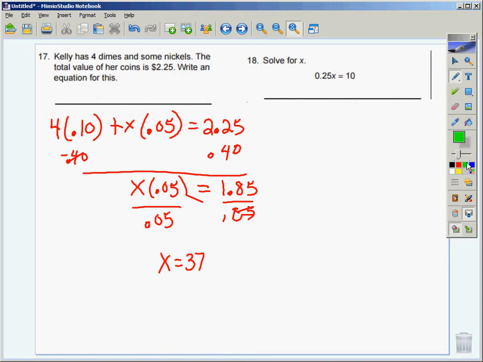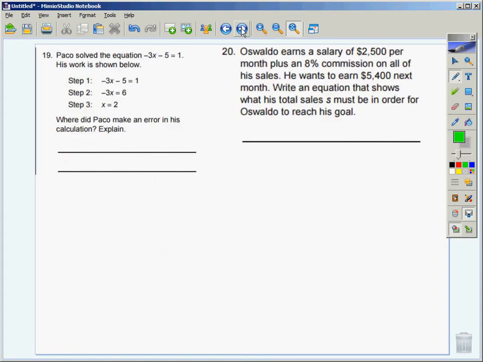On this problem, all I'm doing is dividing both sides by 0.25. And x would end up being equal to 40. On number 19, where they're asking where they made the mistake and explain, you can see that she added 5 to both sides to get from step 1 to step 2, which is correct.